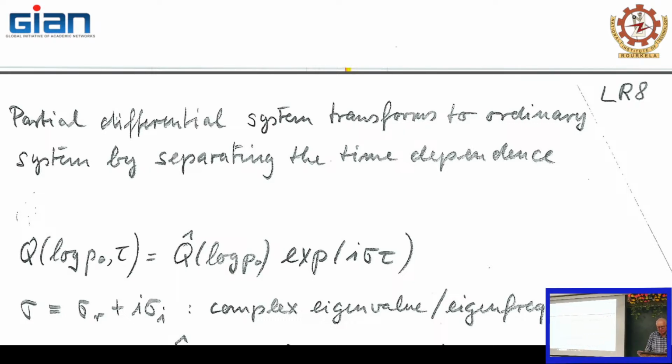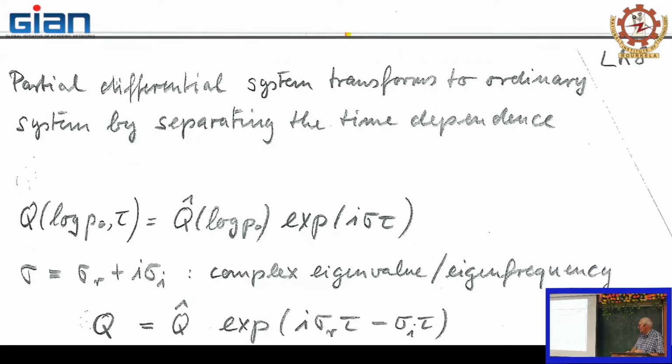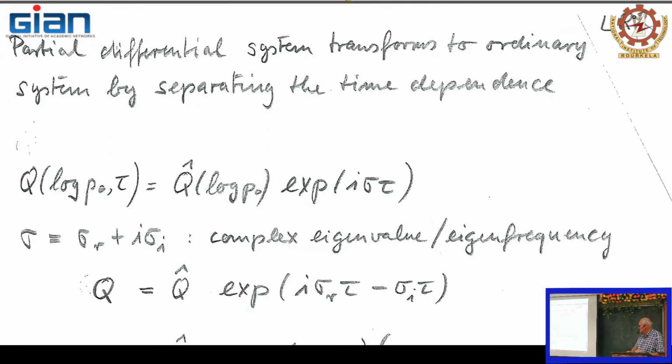What do these eigenvalues sigma tell us? Well, let's consider the time dependence explicitly. Then Q will be given by Q hat times the exponential. Now take the real part. The real part is I sigma r times tau minus sigma I times t.